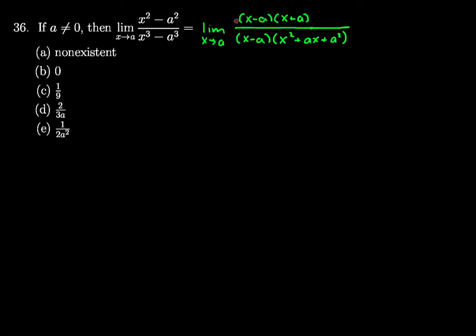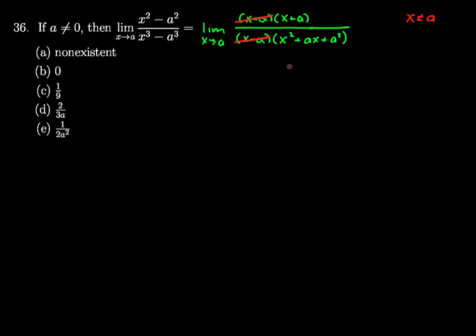They can cancel without any ill effects except when x is equal to a. So this function itself doesn't work when x equals a, so x can't equal a for the function.